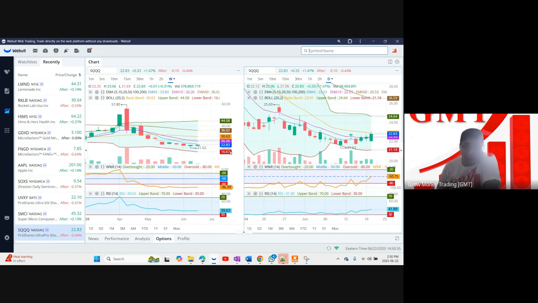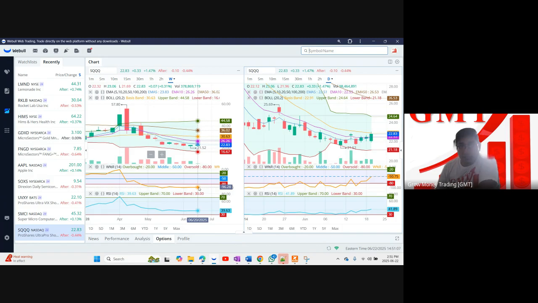We see, because it's an inverse ETF, the targets for this to go up in the weekly term. If you see, currently it's at 22.83. The next EMA is close to 26.26, and then there is a small gap as well which it could fill.